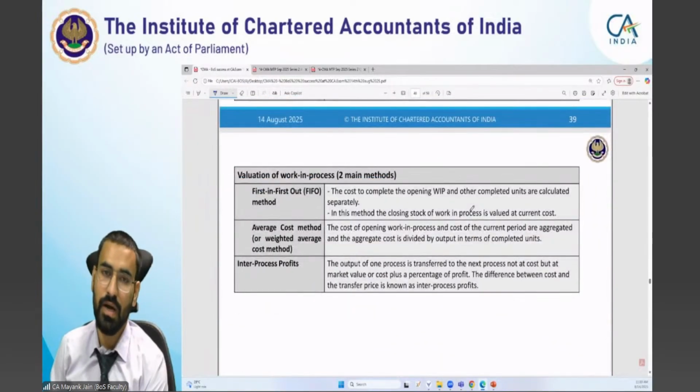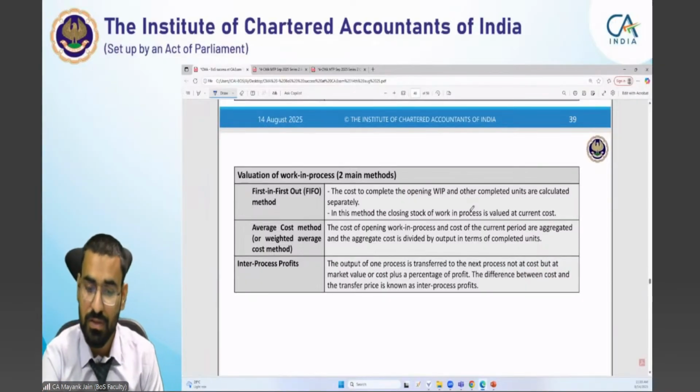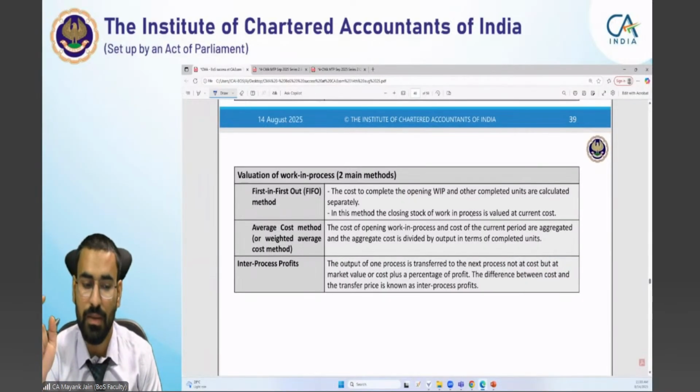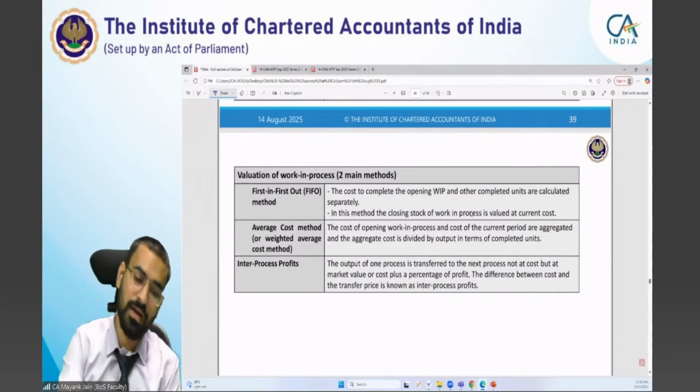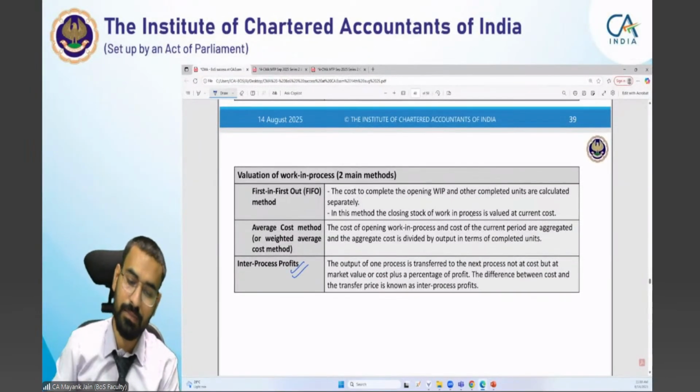There are two types of method for WIP, FIFO method and the average cost method. Please note there is no LIFO method for the WIP, and as you know, LIFO method is removed from the accounting standard as well. So you have to focus on FIFO method and the weighted average cost method, and how in the process profit is calculated.